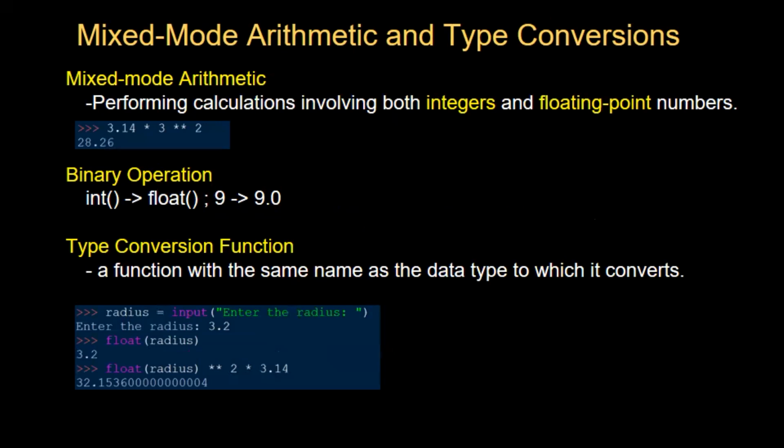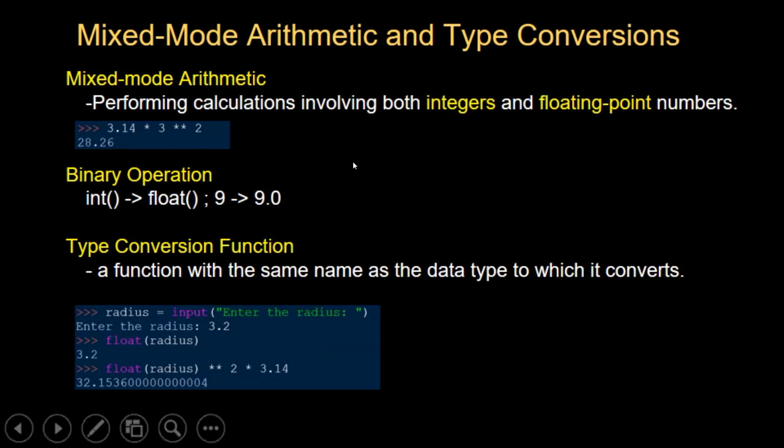We will have some conditions later on. In this case, we have 3.14 times 3 raised to the power of 2, and its value is automatically 28.26. So Python can calculate simple arithmetic.